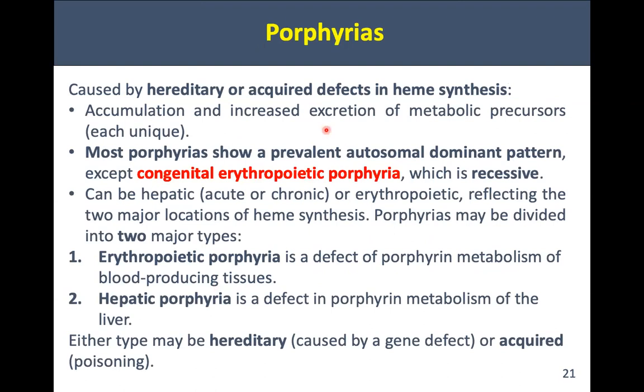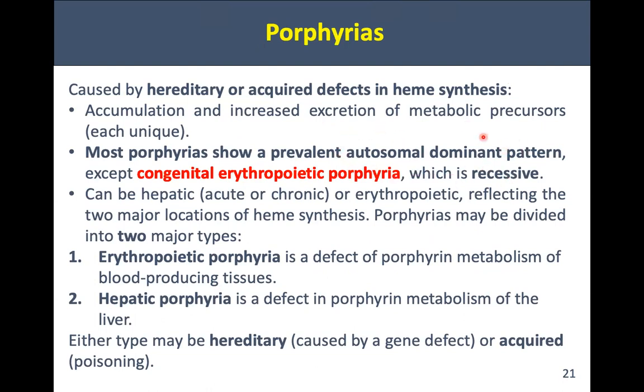Okay, so we've already kind of touched on this, but I just wanted you guys to know that the two porphyrias that we talked about, acute intermittent porphyria and the second porphyria, Porphyria cutanea tarda, both of those have an autosomal dominant pattern.